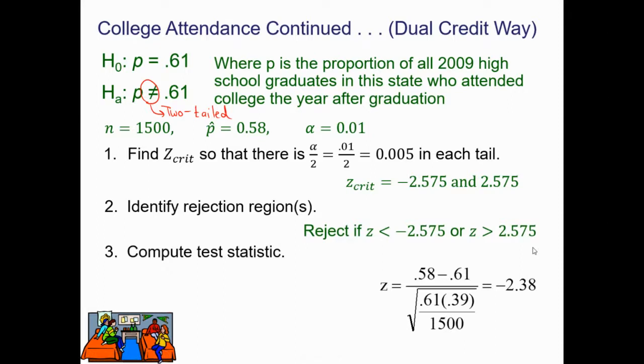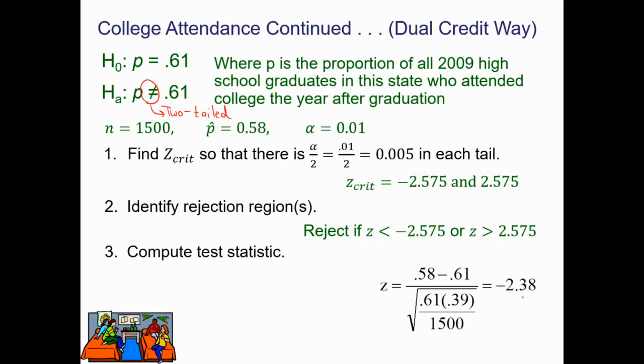Okay, and we've already calculated the test statistic before I put y'all on pause, quote unquote. So the third step would be to compute the test statistic. We already did that though. So now we gotta look, does our test statistic fall in the rejection region or does it not?